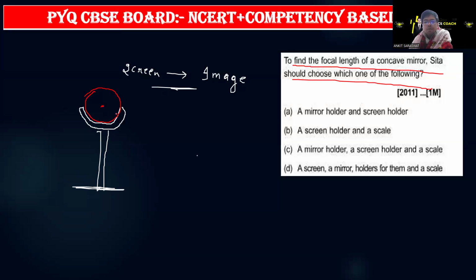Okay. One bench table, one measuring scale. So it is a measuring scale. Clear. Now in this lens holder we place our lens, like this. And here at the back is the screen.